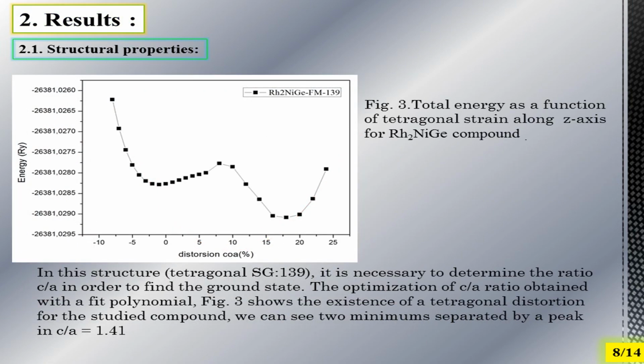In this structure, it is necessary to determine the c over a ratio in order to find the ground state. The optimization of the c over a ratio was obtained with a polynomial fit. Figure 3 shows the existence of a tetragonal distortion for the studied compound.